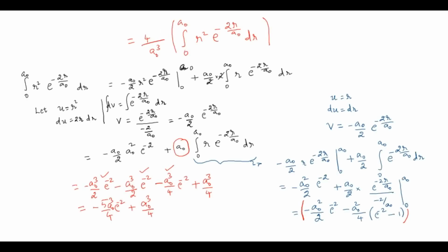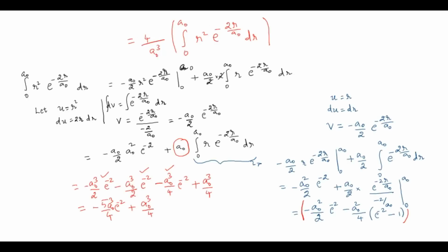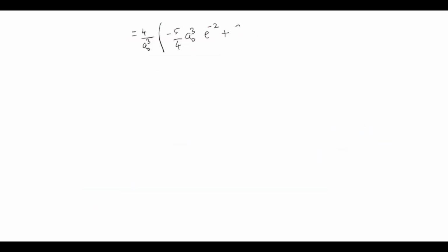The next page: 4 by a naught cube times this term, minus 5 by 4 a naught cube e power minus 2 plus a naught cube by 4.